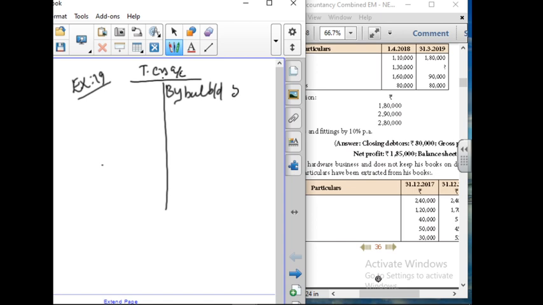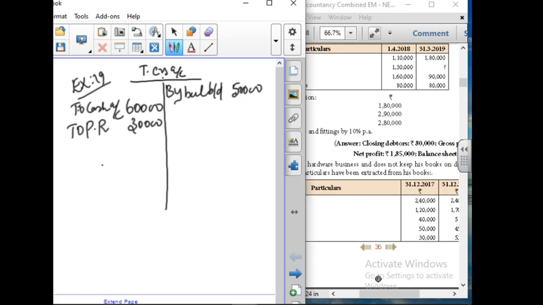So 50,000. This you can see in the statement of affairs. And to cash, that is cash paid to creditors is given. That is the amount, it is 6 lakh. And purchases return is used here. So purchases return amount, it is 30,000.